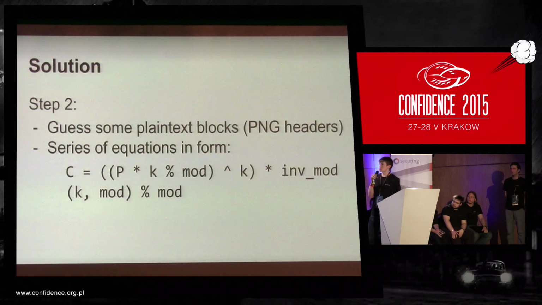Okay, next step: because we know it's a PNG file from the extension, we could guess the first 2 or 3 blocks, because that was a constant PNG header.